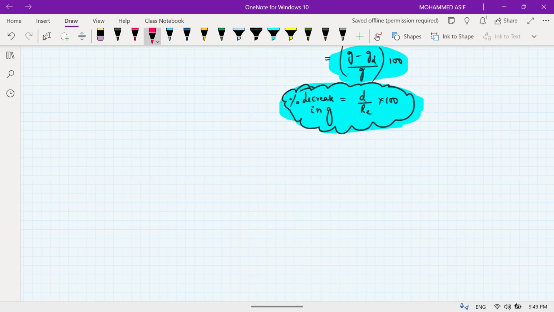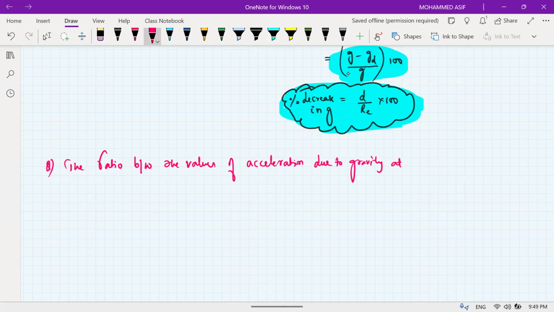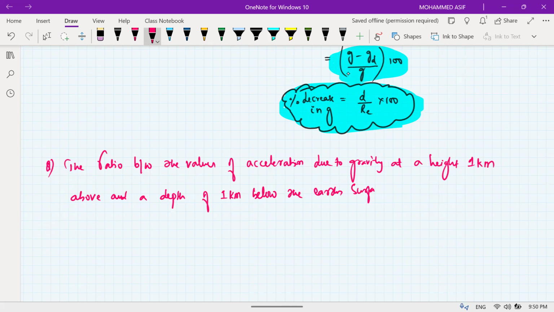Sure. Tell me the answer for this question. The ratio between the values of acceleration due to gravity at a height of 1 kilometer above the earth and at a depth of 1 kilometer below the earth surface is how much?